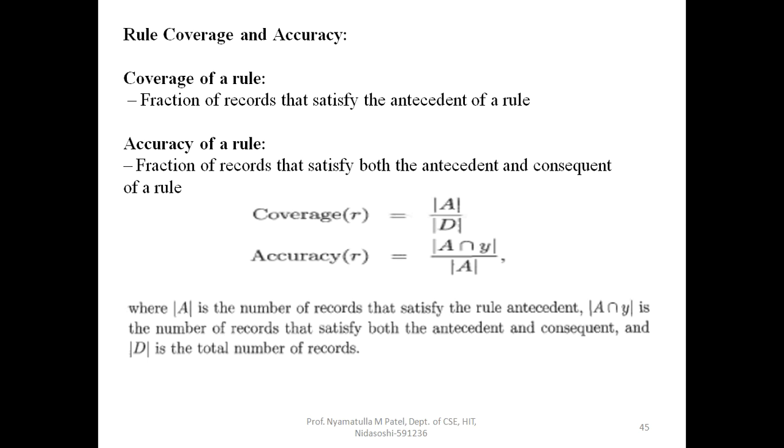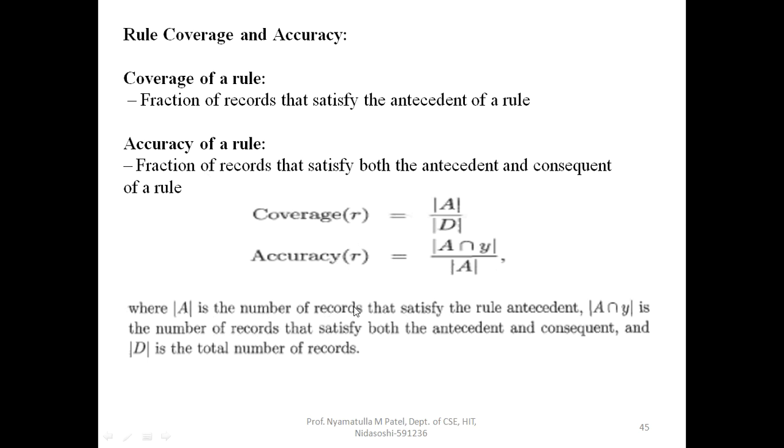So coverage of R is equal to A divided by D, and accuracy is equal to A intersection Y divided by A.